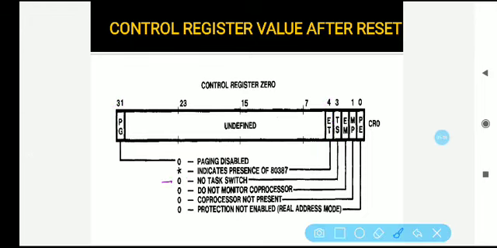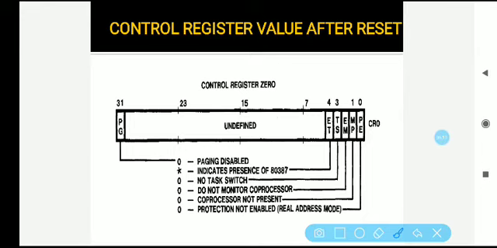Task switch is 0, means no task switching operation takes place. Then next bit is the EM bit. EM is the emulation bit. Again it is at 0 level. Then next bit is MP, means math present. As it is 0, the coprocessor is not present.